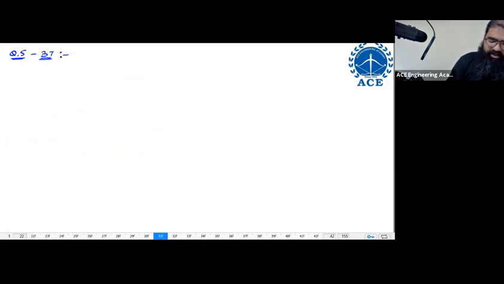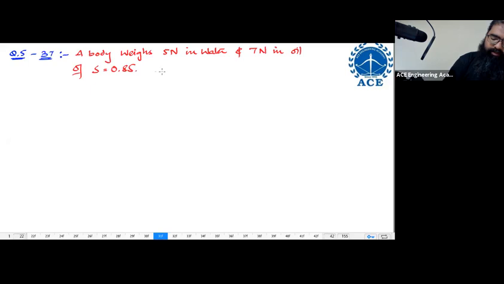The question says something like this. A body weighs 5 newtons in water and 7 newtons in oil of specific gravity 0.85.